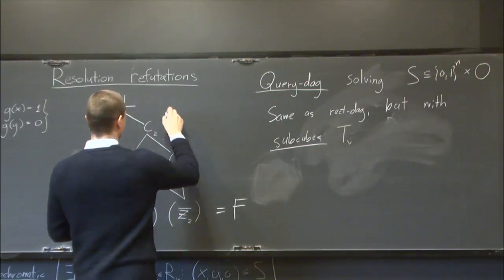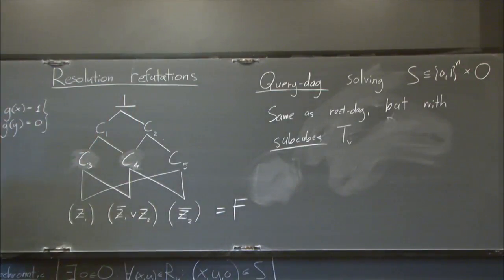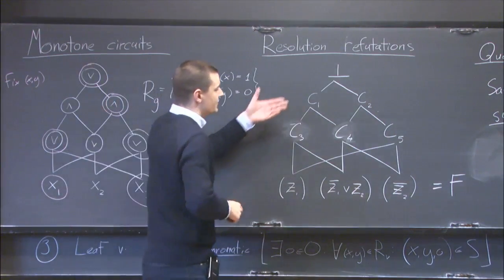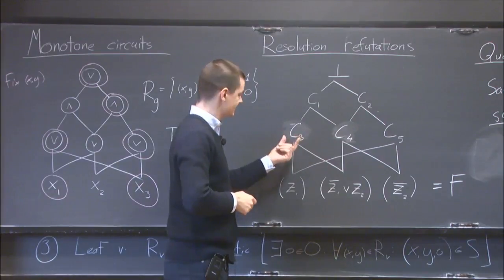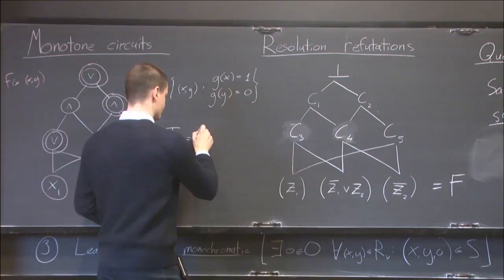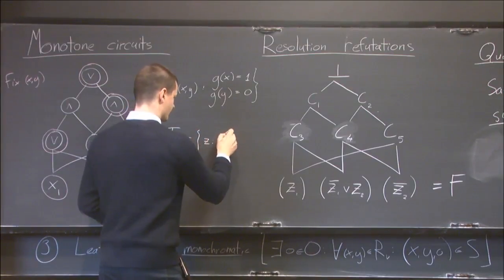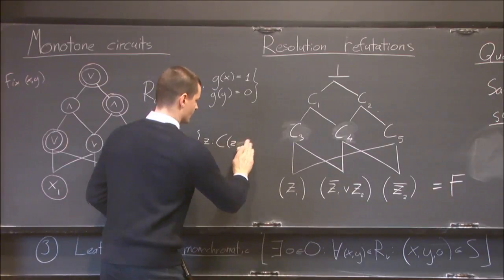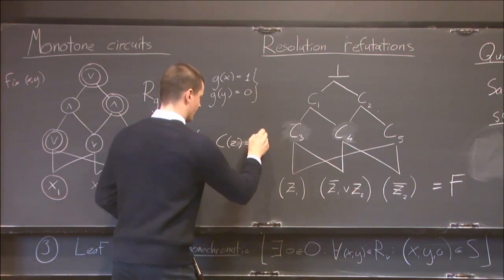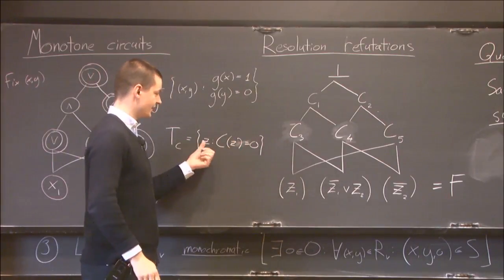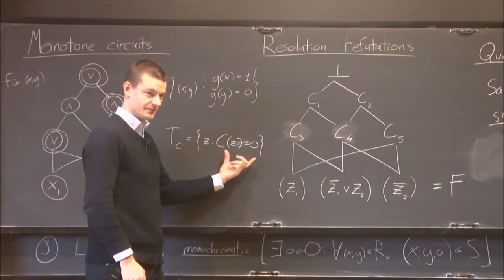So for a clause in a resolution proof, the feasible subcube, you basically just negate a clause. So for each clause, the associated feasible set is the set of truth assignments that falsify that clause.